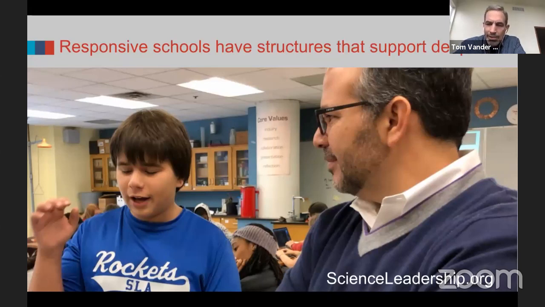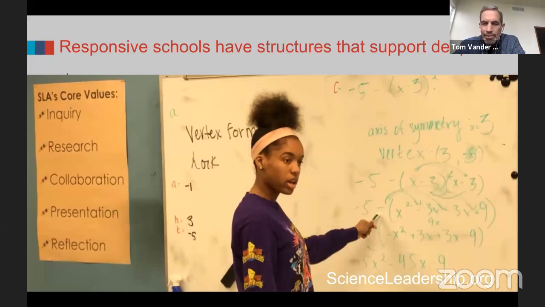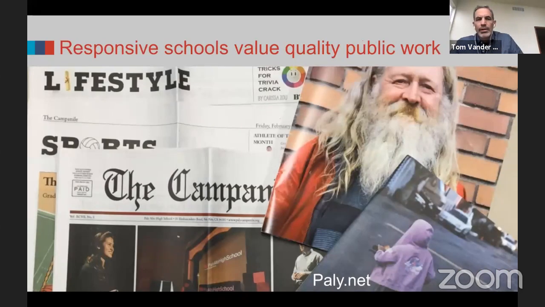And what I love about SLA is that they're consistent classroom to classroom. So you go down the hall to the math classroom and you'll see a senior presenting a lesson to other students. So they really live these values of inquiry and collaboration and presentation, and they have a structure and supports and professional learning that all support deep work.